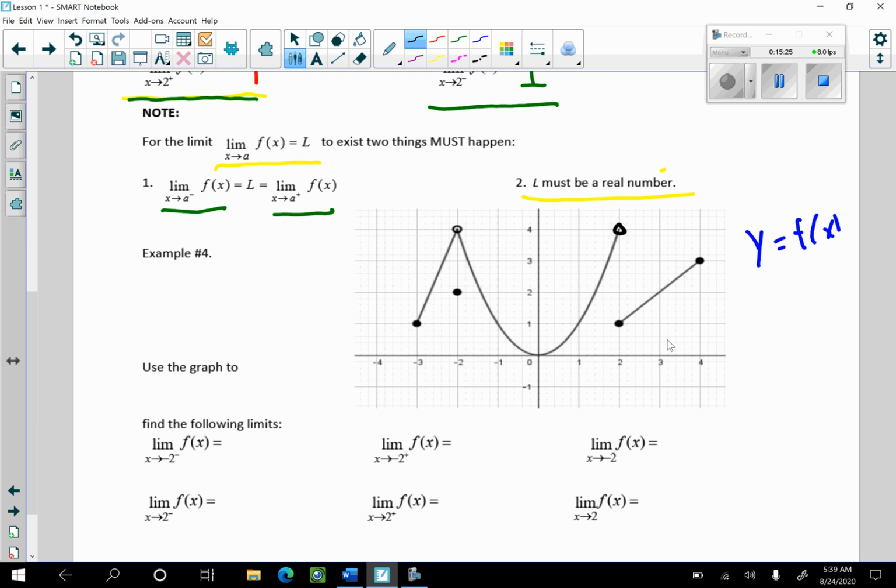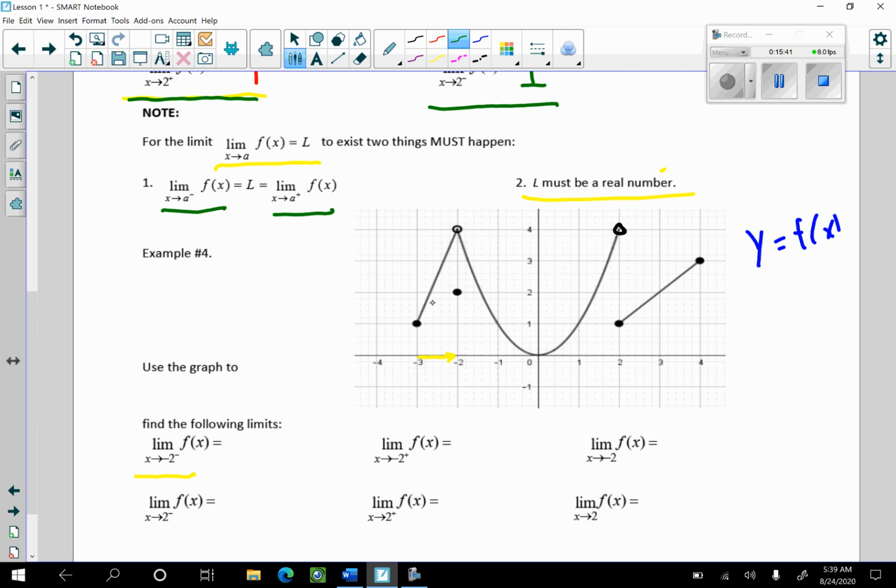All right, so let's find these limits. Let's go to the limit as x goes to -2 from the left. So this is what we're doing. We're approaching -2 from the left, and the question is, what do the y values get close to?